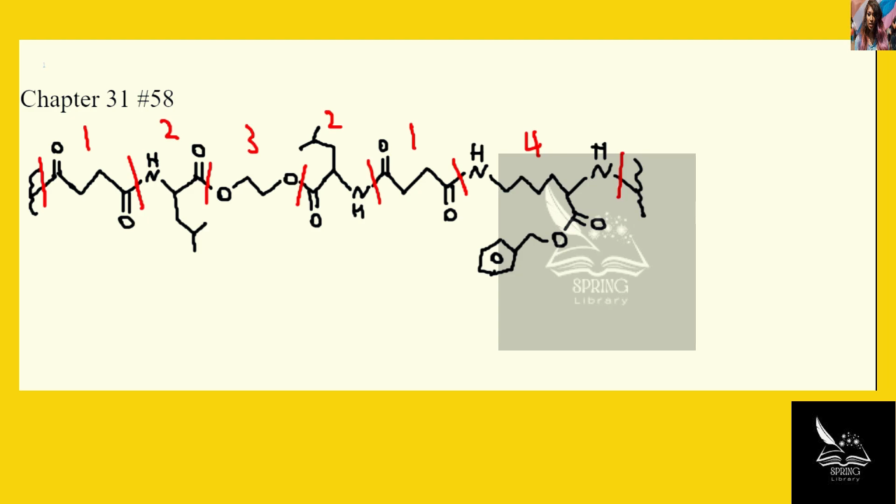So number 1 is going to be a dicarboxylic acid. So that's going to be number 1. Number 2 is going to be our first amino acid.